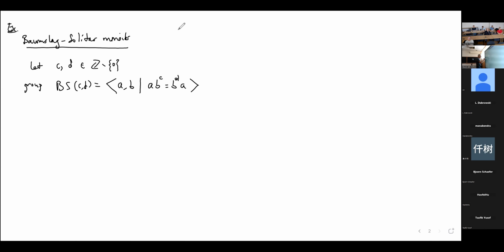So if, say, C and D are both negative, we can have an equivalent relation by just moving them to the other sides. That would be A B to the minus C equals B to the minus D A.